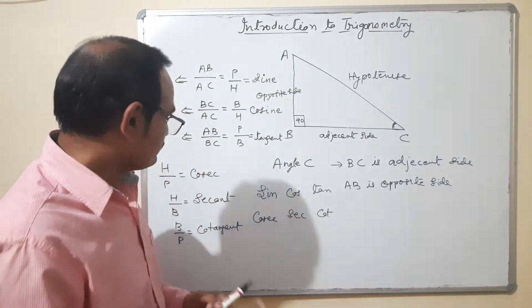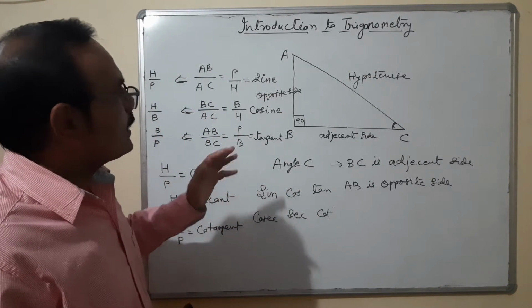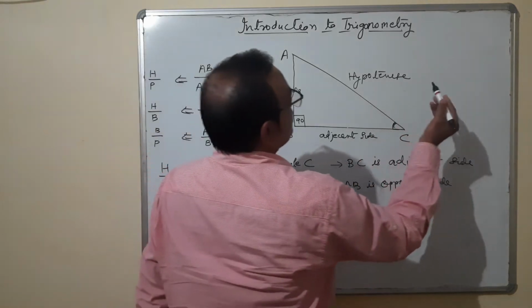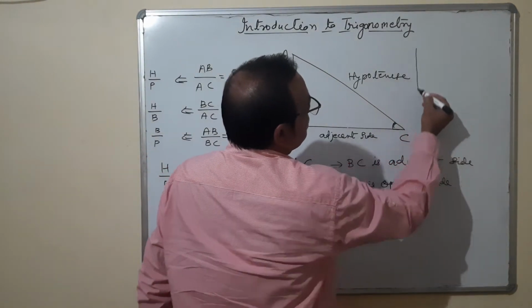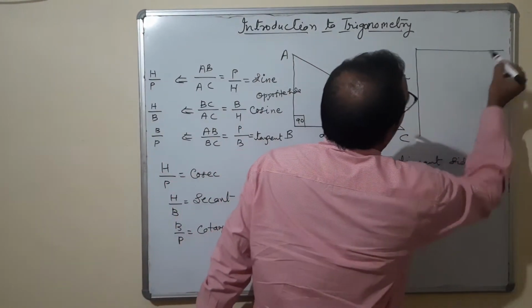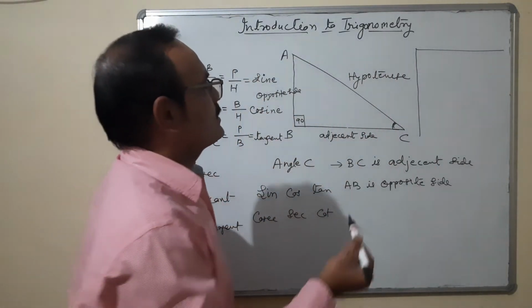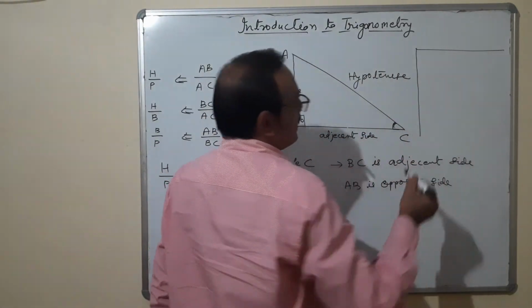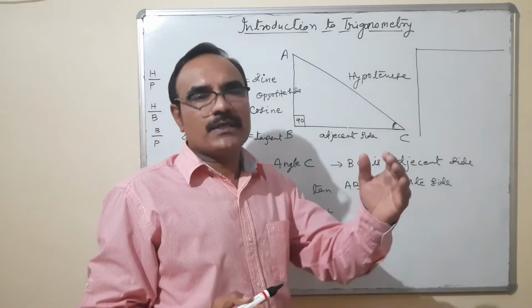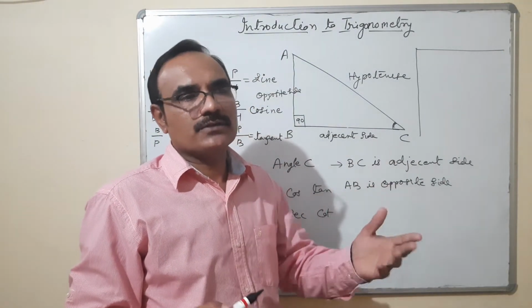Okay. Is it clear? Now you will remember, if you want to remember. A very famous proverb is there. Sometimes boys have a problem keeping these sine, cos, tan ratios in their mind.